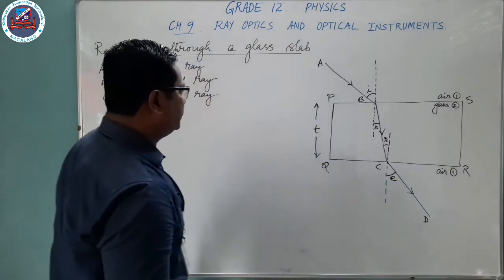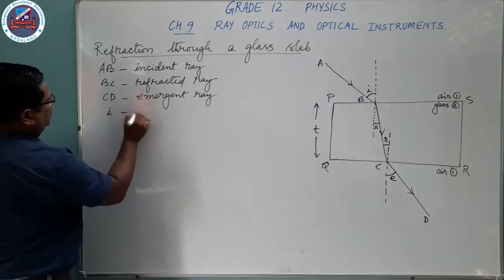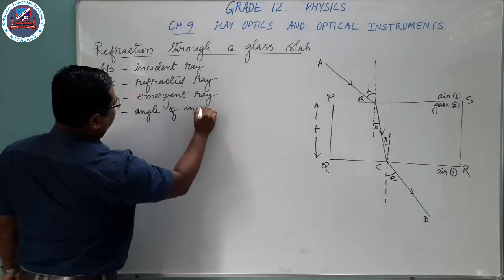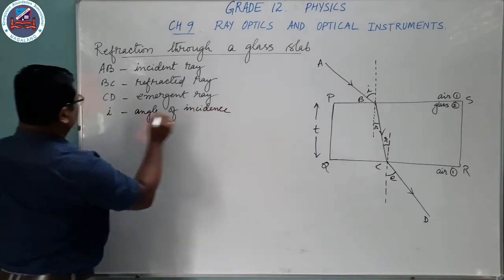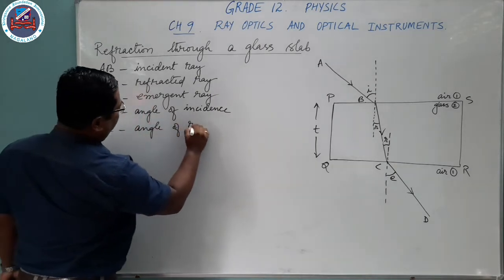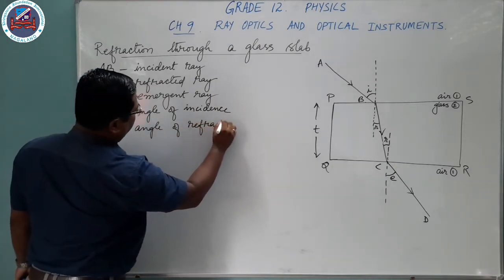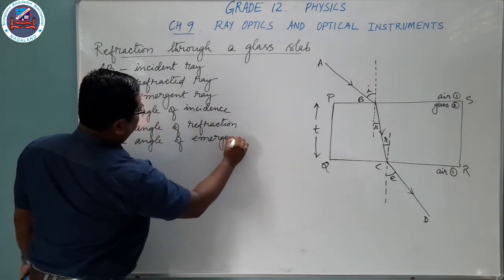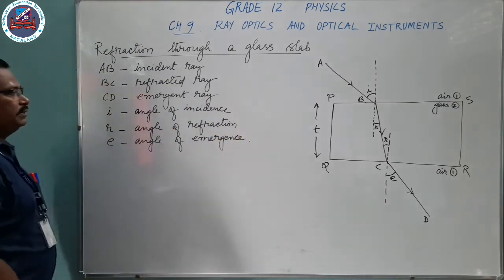We mark it as E. Here I indicates the angle of incidence, R is the angle of refraction, and E is the angle of emergence. So these are the terms that we use.